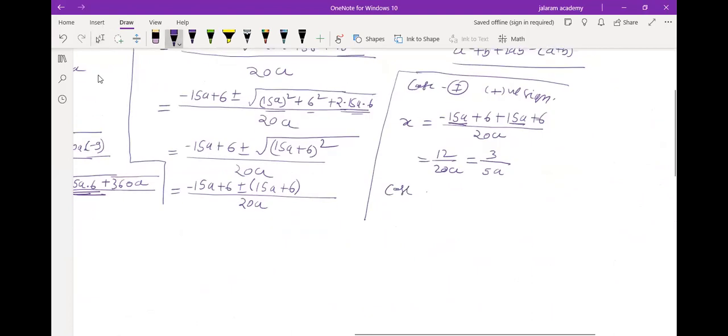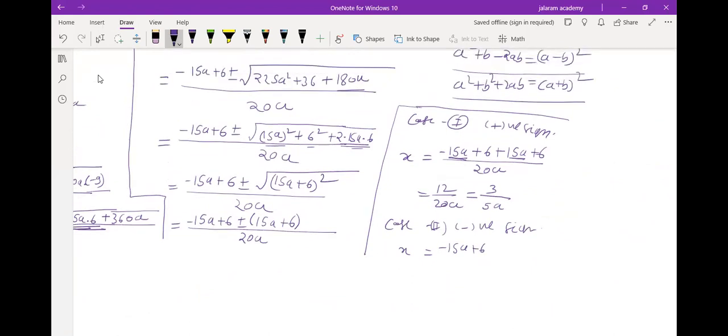Or case second, taking negative sign, x equals to minus 15a plus 6. And now when we take minus sign, so minus 15a minus 6, minus will be multiplied to both the terms inside the bracket. Over 20a remains the same.